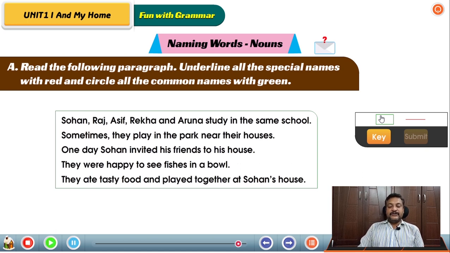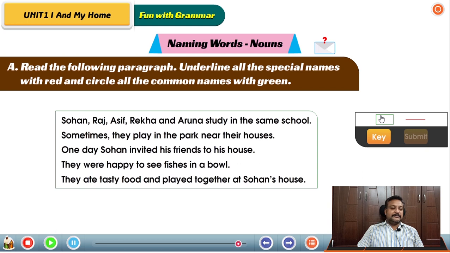They ate tasty food and played together at Sohan's house. Right? So now we will start to read these sentences one by one and keep the proper nouns or the specific names in a green rectangle and the common names with a red mark.